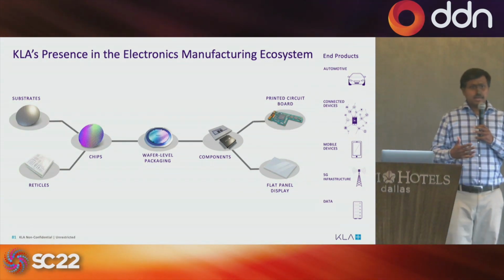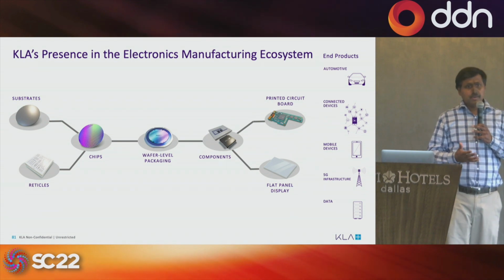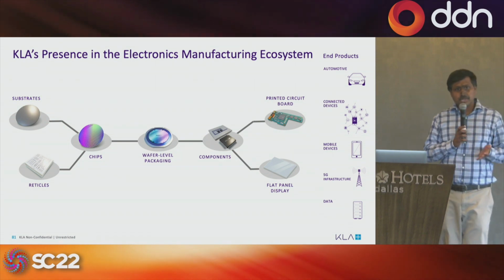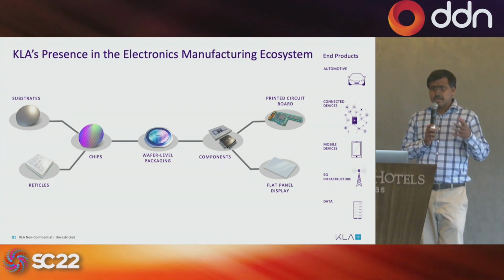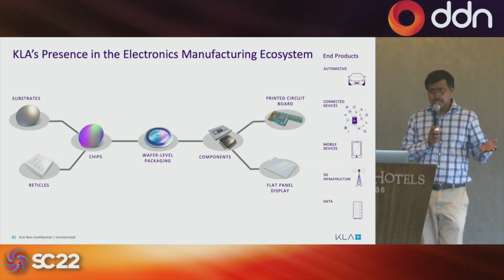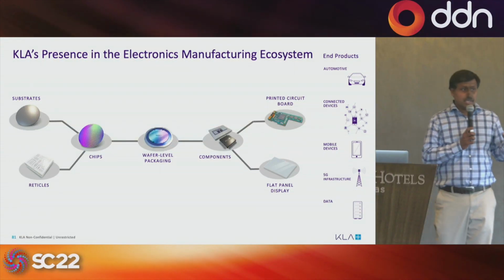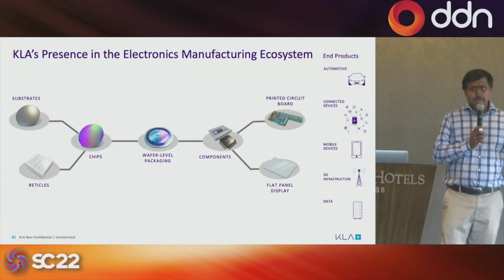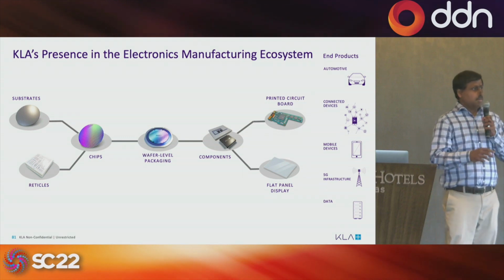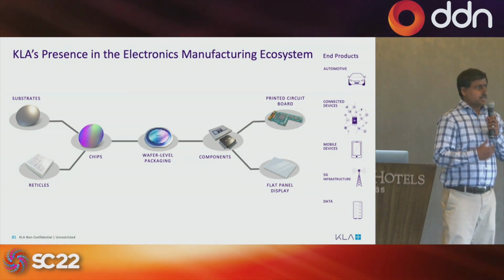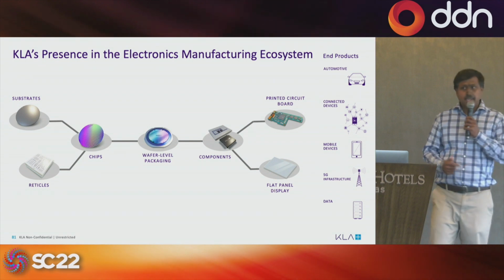And that's where KLA comes in. The flagship products that we make are wafer inspection and reticle mask inspection devices, and also metrology and measuring devices. We measure various dimensions of all these things that I'm talking about and give them real-time feedback. Those are the flagship products that KLA makes.